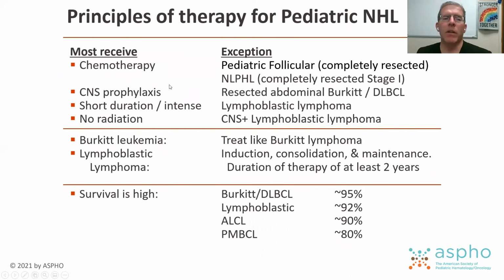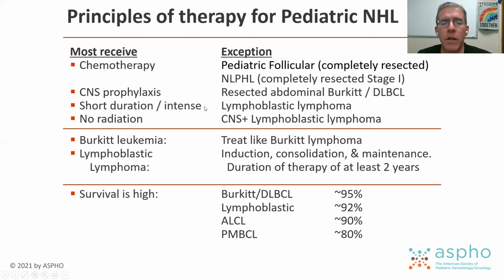In terms of treatment, in terms of the principles of pediatric non-Hodgkin lymphoma, there are some principles that are almost always true, and then there are always exceptions. So chemotherapy for all, with the exception of a completely resected pediatric follicular lymphoma or stage 1 nodular lymphocyte predominant Hodgkin lymphoma. CNS prophylaxis for all, with the exception of a resected abdominal Burkitt or large B cell.